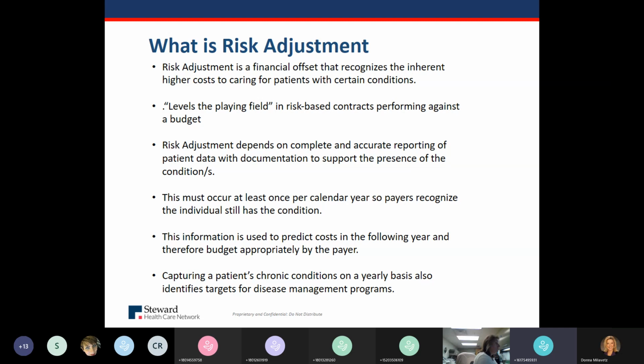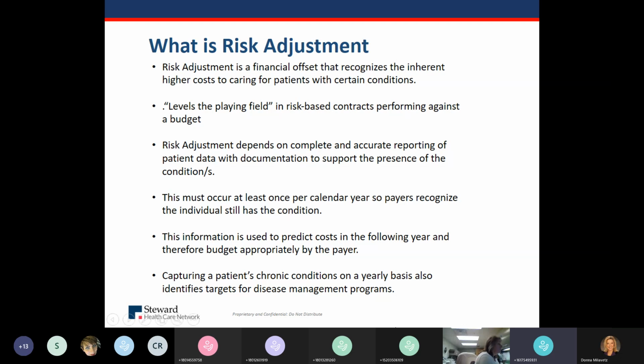Risk adjustment depends on accurate reporting and capturing of chronic conditions by providers, whether that be an MD, DO, NP, or PA. It could be any one of those 4. And capturing them on a yearly basis, so at least once per calendar year.